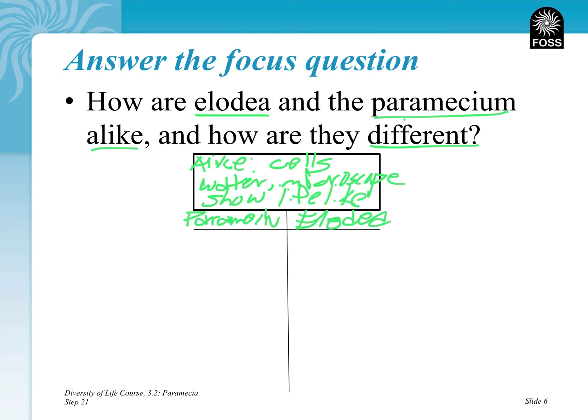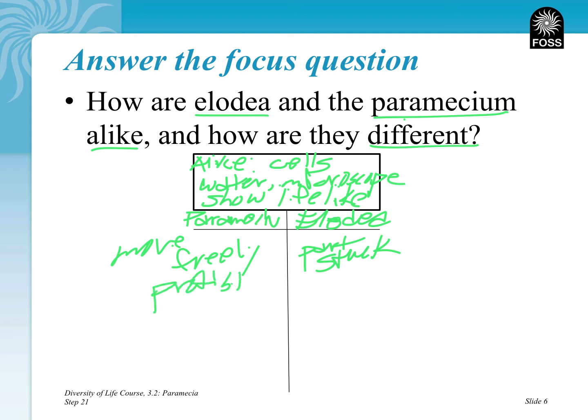But then we went through and looked at some of the reasons and how they're different. Obviously, paramecium can move freely, whereas Elodea are part stuck together. They move about. One is a protist.